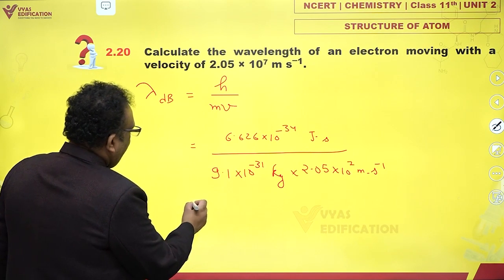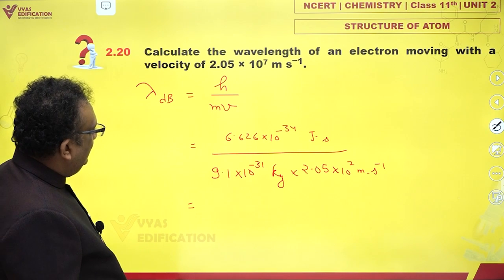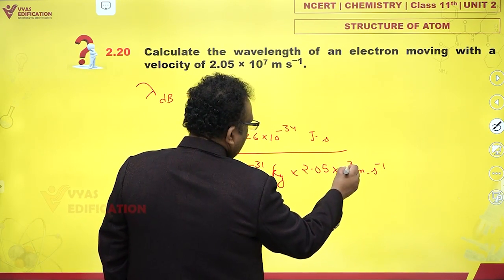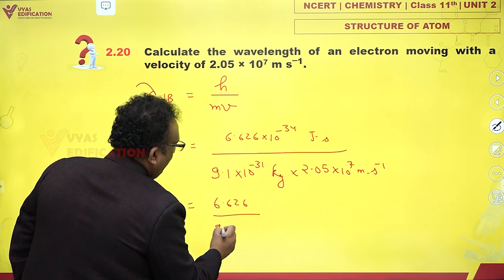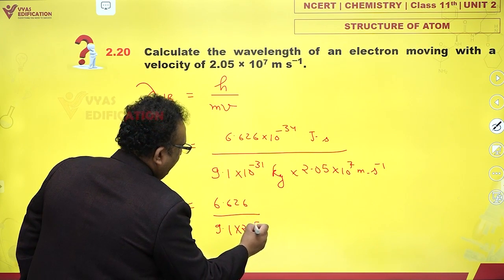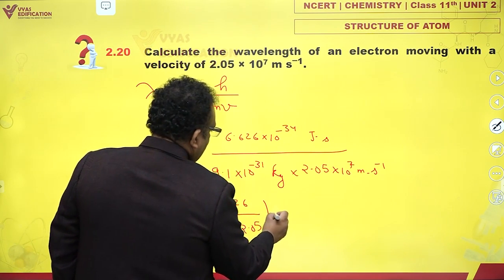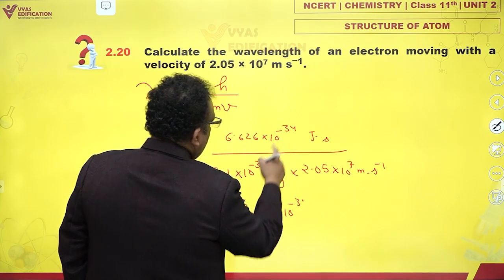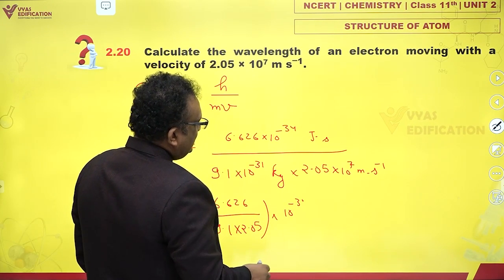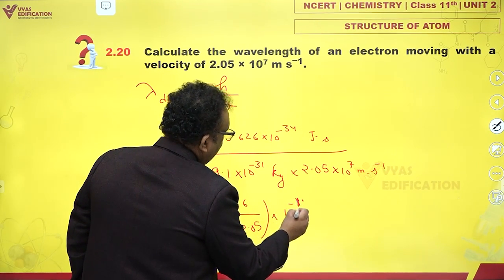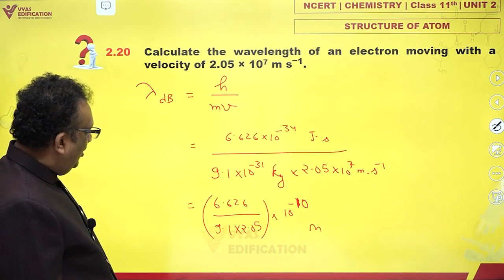How much would that be? Well, let's see, 6.626 by 9.1 into 2.05 into 10 raised to minus 34. 34 by 31 makes it how much? 10 to minus 3, and that makes it 10 to minus 10. So many meters.